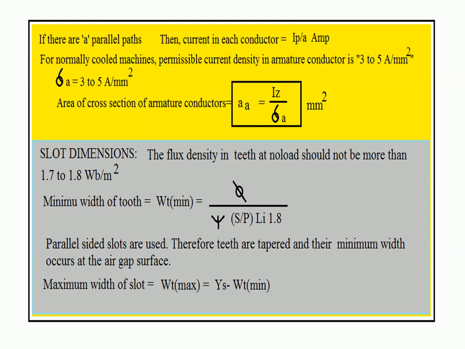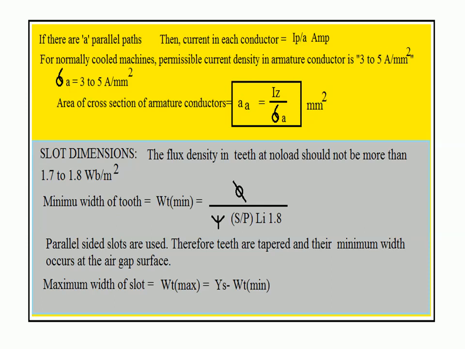The flux density in teeth at no load should not be more than 1.7 to 1.8 Weber per meter square. Hence it is possible to design the minimum width of tooth, that is, WTR minimum equals phi divided by S by P, Li into 1.8.